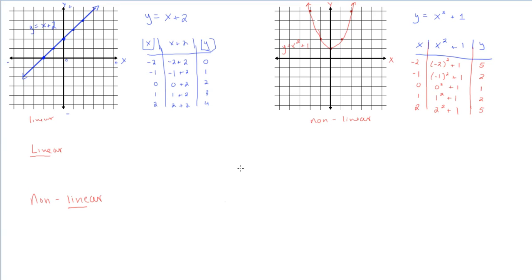Now, it's not quite that simple, right? What a linear function does, okay, is it is essentially any function that has the same rate of change. Okay, so it's any function, or I guess you could say equation, with a consistent rate of change.